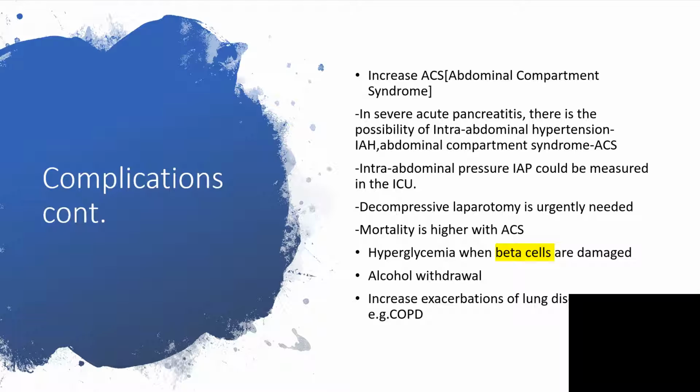There's possibility of increased exacerbations of lung diseases. The other time I said there's possibility of respiratory distress. And then because of that, we need to do arterial blood gases and the rest.